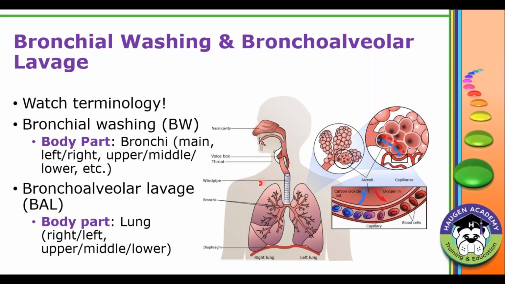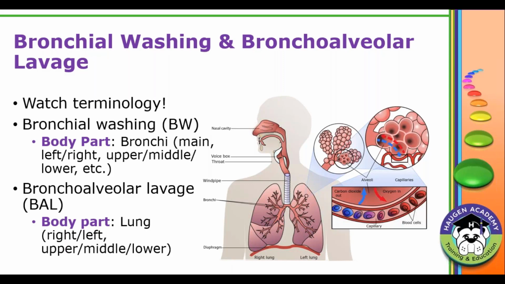So when they do a bronchoalveolar lavage or BAL, the body part is the lung. How this is performed is they take solution and they flush it through either the bronchi or the alveoli to collect cells, and then they suck that fluid back out and send that for cytological analysis.